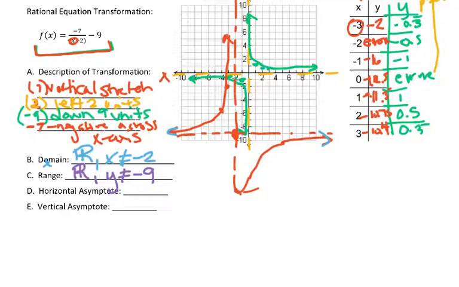Then we have our horizontal asymptote, and we have talked about that a little bit. All horizontal lines are y equals, and so that's going to be y equals negative 9 from that piece. And then the other one, the vertical asymptote, is x equals. And so x is going to equal this value that it's at here, which is negative 2.